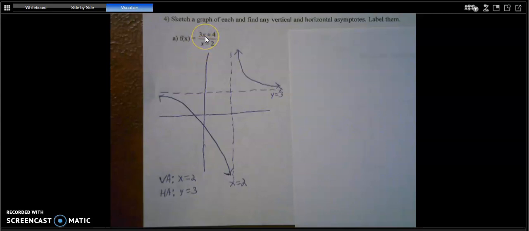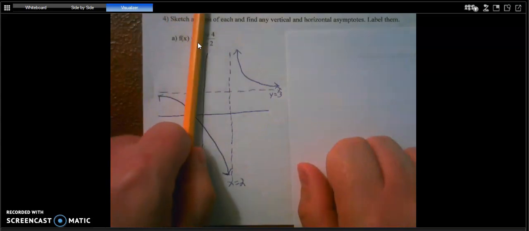If you put 1,000,000 in for x, that'd be 3 million divided by 1 million, which is essentially 3 again. So we see the degrees there are equal in the numerator and denominator. And so what happens is you just take the ratio of the leading coefficients. So y equals 3 is your horizontal asymptote.